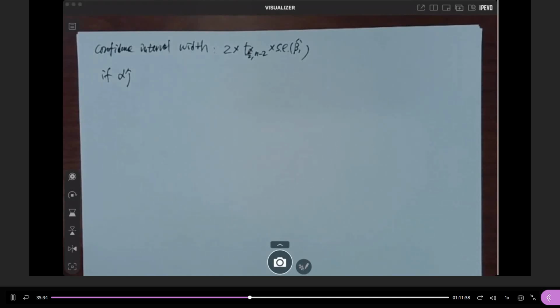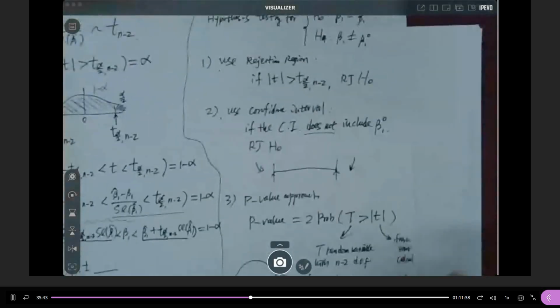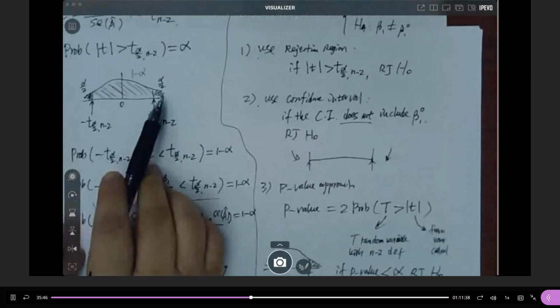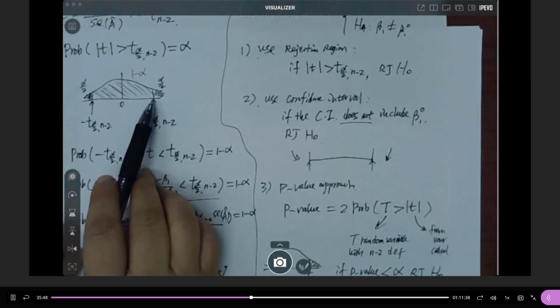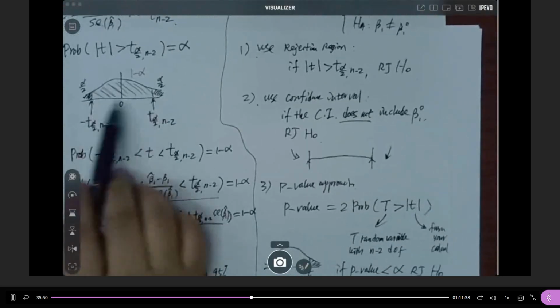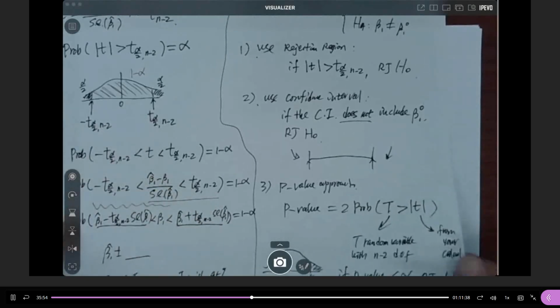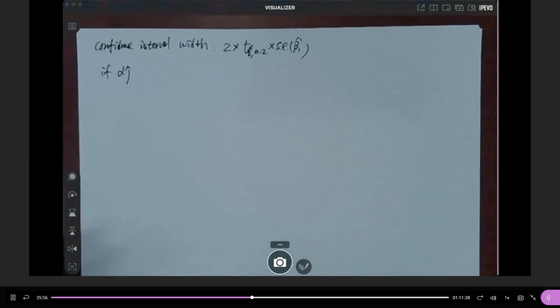Really? Look at the picture I drew here. Alpha over 2 is the area under the curve, right? If alpha increases, does this interval become narrower or wider? If alpha increases, what happens to the confidence interval?